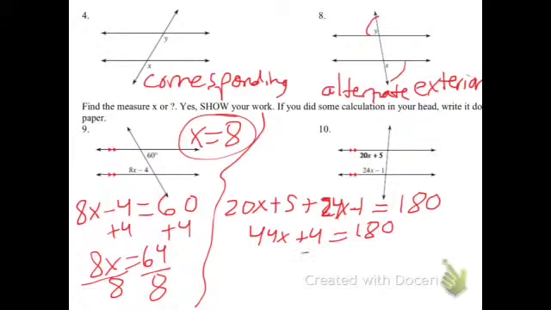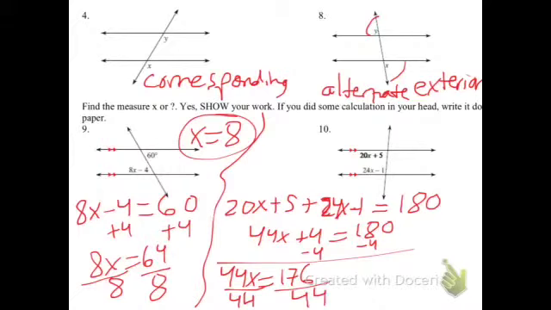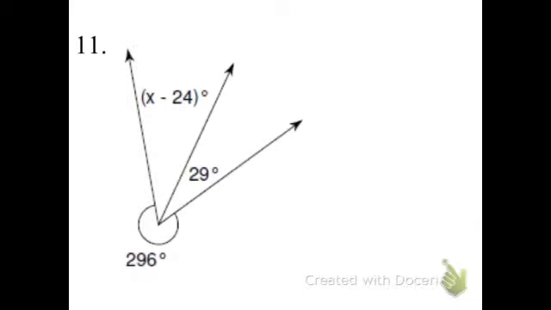The right side stays the same. We now need to subtract 4 from both sides. You'll get 44x equals 176. To finish up, you need to divide both sides by 44. And you have x equals 4, because 176 divided by 44 is 4.